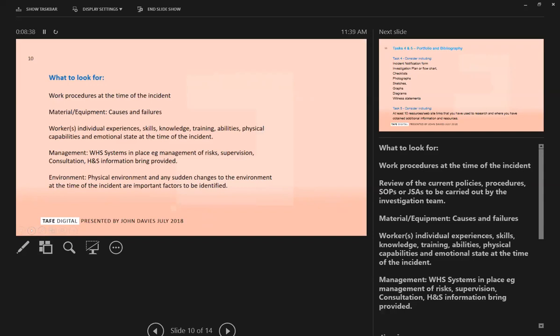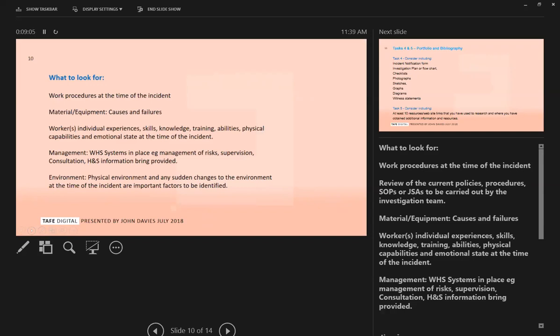Workers' individual experience, skills, knowledge, training, abilities, physical capabilities and emotional state at the time of the incident. Management's WHS system in place at the time, e.g. management of risk, supervision, consultation, health and safety information being provided.